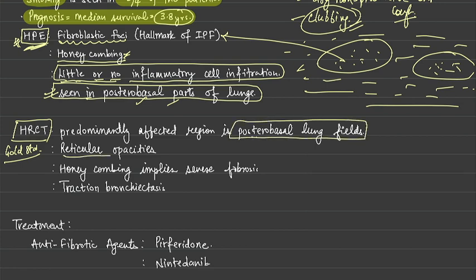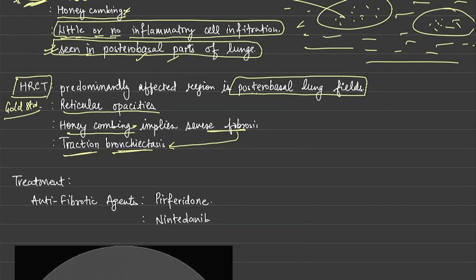There will be reticular opacities and there will be honeycombing. Honeycombing implies severe fibrosis. The severe fibrosis distorts the architecture to such an extent that there will be traction bronchiectasis, right? So 3-4 things we have to remember: posterior basal lung fields, reticular opacities, honeycombing, and traction bronchiectasis.